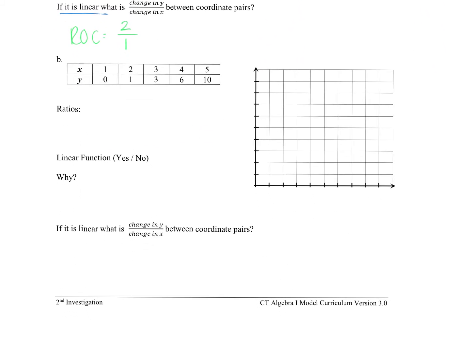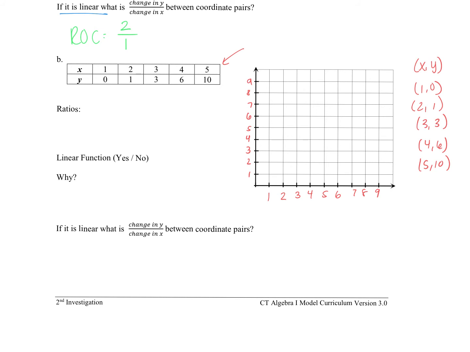So with B, we're going to do the same type of idea first. You're going to go ahead and plot your points. So I'm setting up my table here, my graph here. Remember x comma y, and you have all of them here. So 1, 0, 2, 1, 3, 3, 4, 6, 5, 10. And go ahead and plot those points. I'm going to do it.